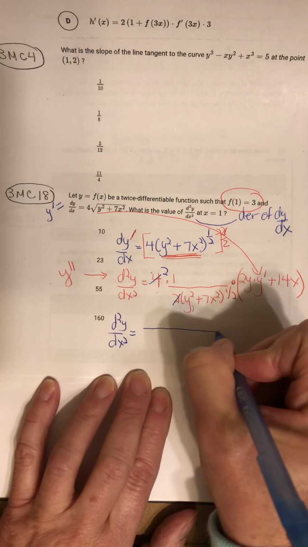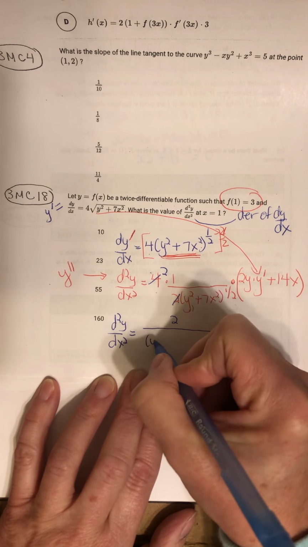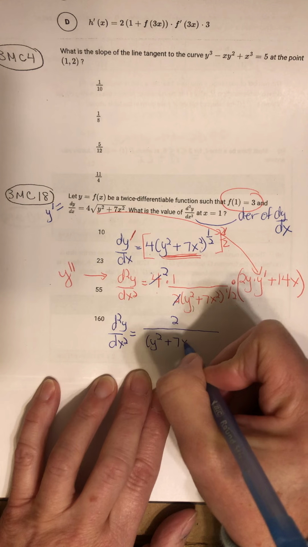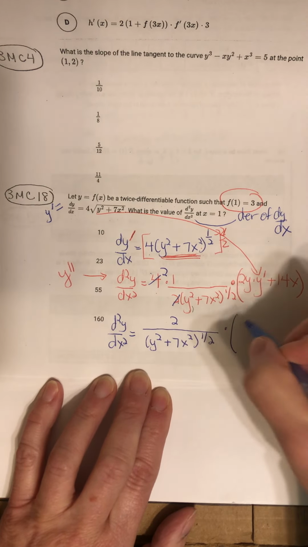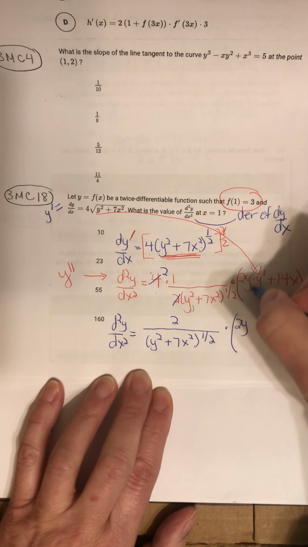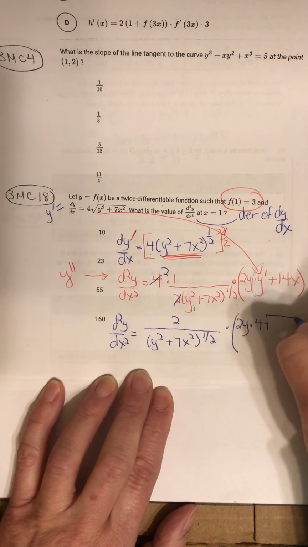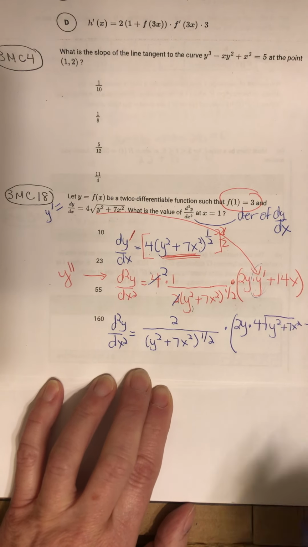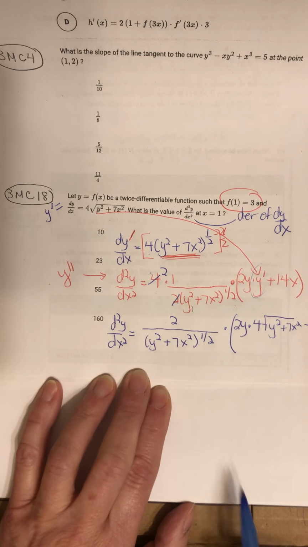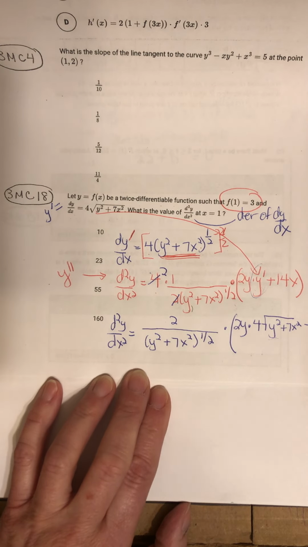So I have a 2 over the square root of y squared plus 7x squared, times 2y, and all I'm doing is substituting right here, times 4 times the square root of y squared plus 7x squared, plus 14x. There we go. Okay, now my second derivative only has x's and y's.